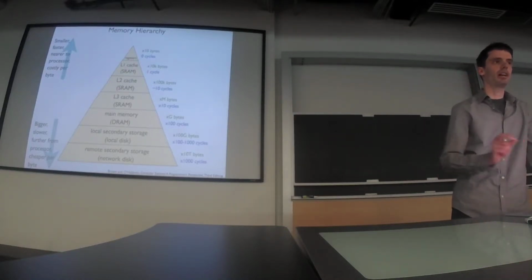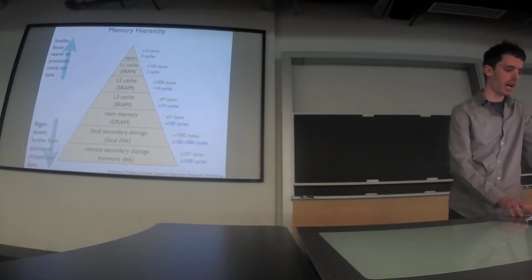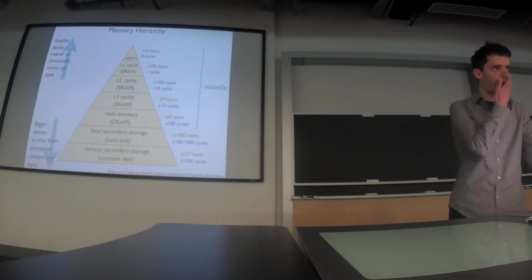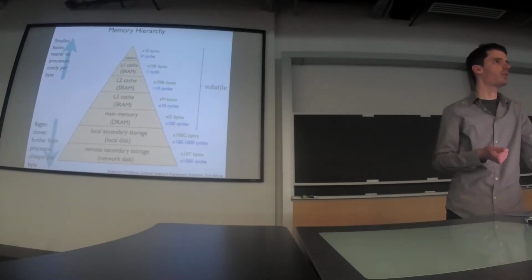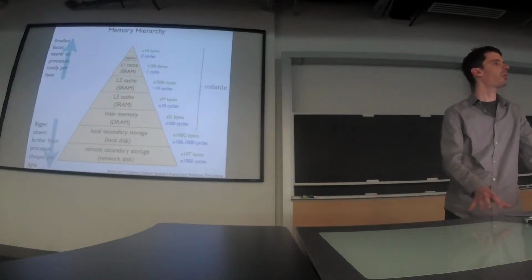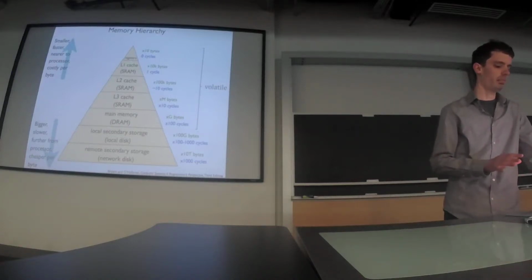There's an interesting barrier here, though, on this pyramid, right after DRAM. Everything up until that point is what's called volatile, meaning when it loses power, it loses data. If you turn the computer off, everything in RAM is gone, everything in the caches are gone. It is not a permanent storage device.